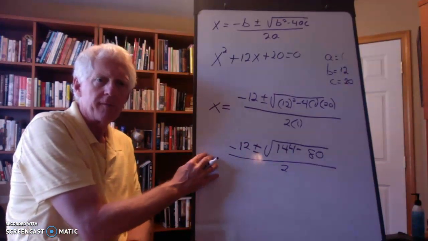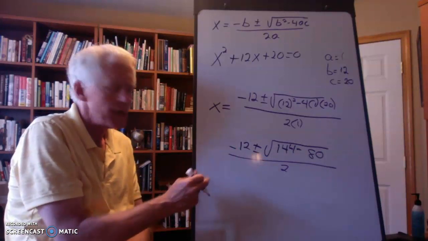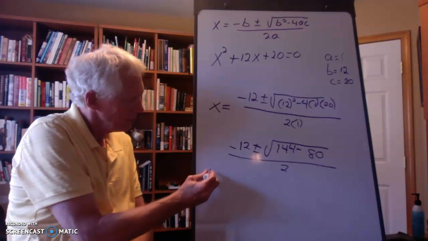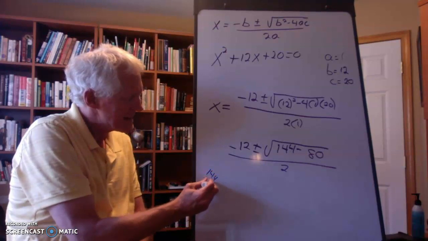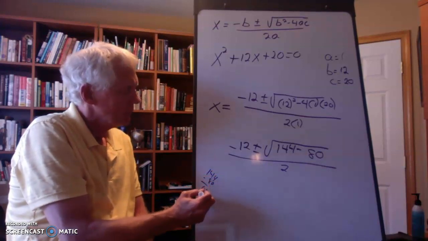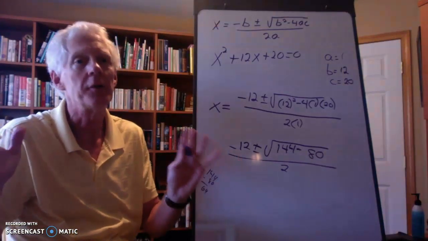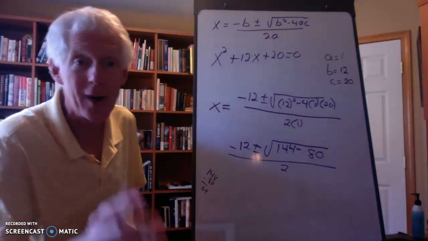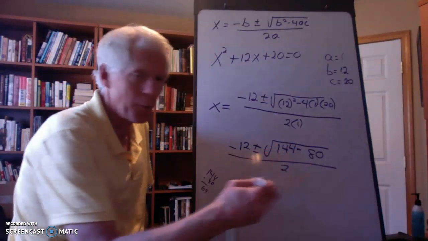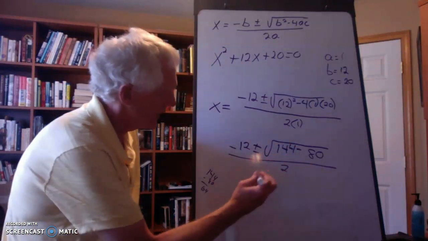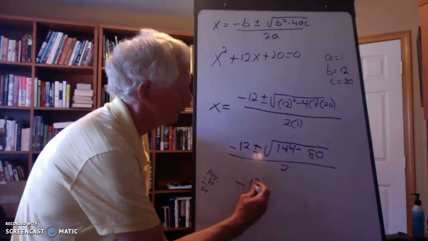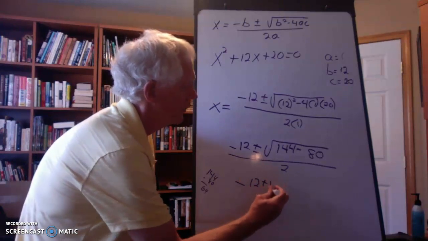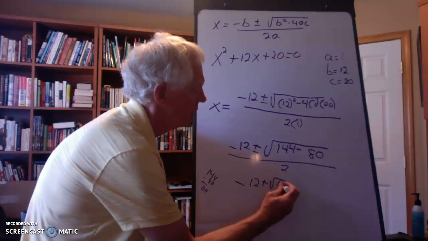So let's take a little sidebar here. What is 144 minus 80? Old school it: 144 minus 80 is 64. Oh, what a relief. There's nothing better than when that comes out as a perfect square, which 64 is. So I'm going to rewrite it again: negative 12 plus the square root of 64.